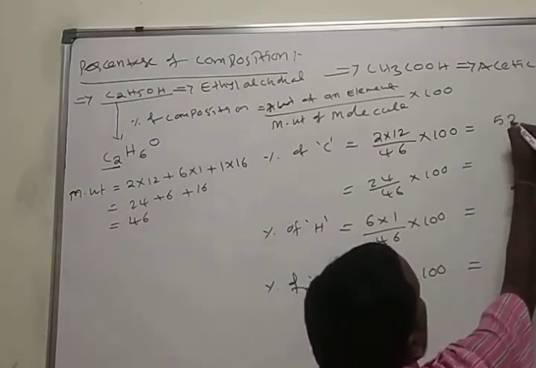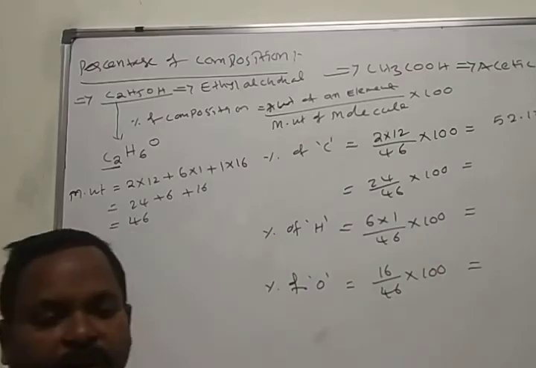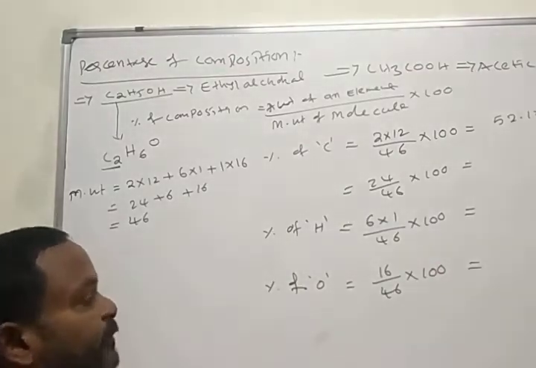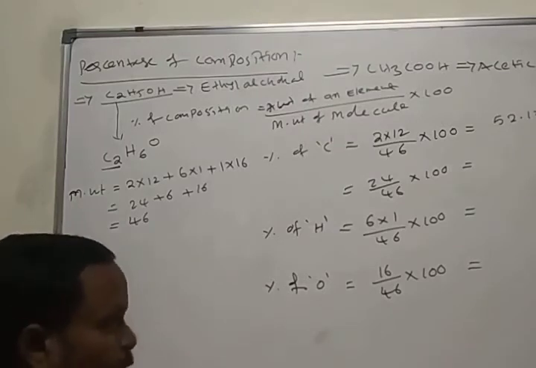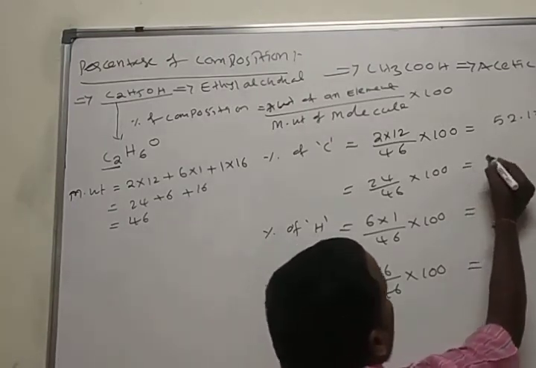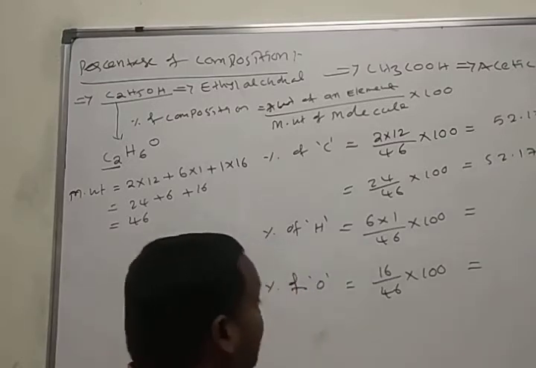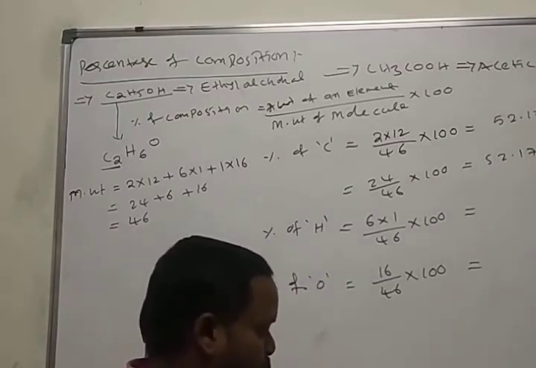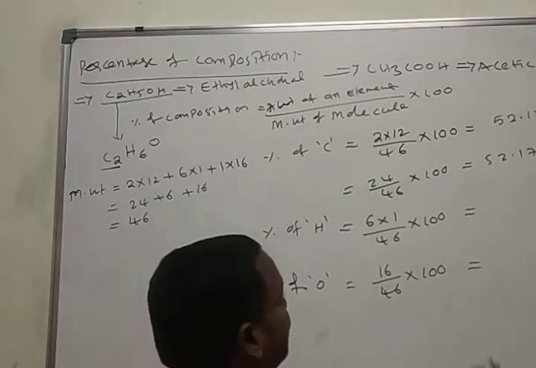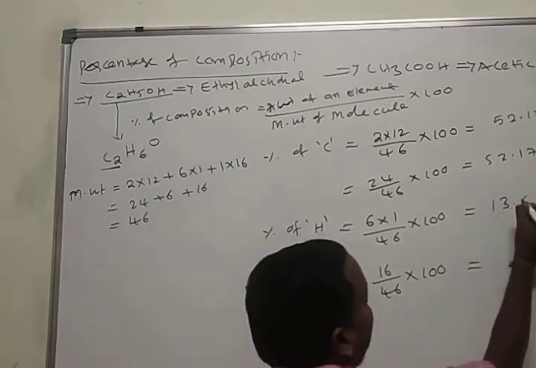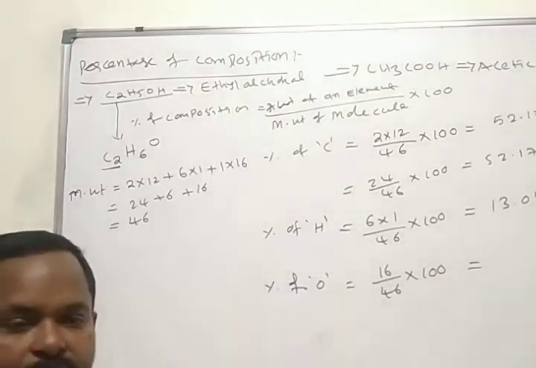52.17 percentage. That means ethyl alcohol contains 52.17 percentage of carbon. What about the hydrogen? 6 by 46 into 100 is 13.04 percentage of hydrogen.